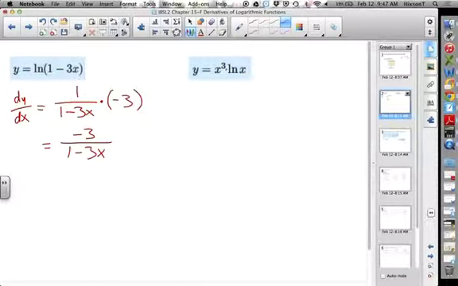What else could we do instead? Is the u v, u prime v plus u v prime, is multiplication doesn't work. Exactly, yes, this is multiplication, so we're gonna use the product rule.